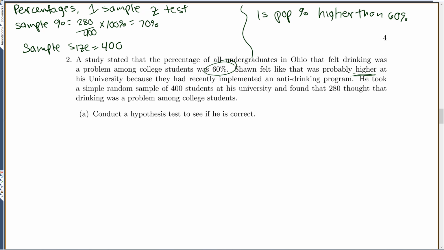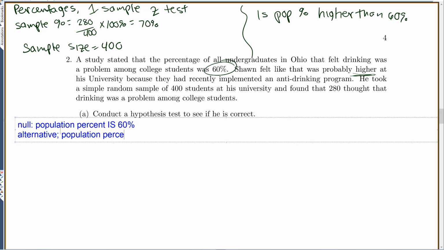The next step then would be our null and alternative. So the null would be that the population percent is 60%. The alternative is that the population percent is higher than 60%. Again, your null has to be an equals, and then your alternative will be less than or greater than, one of those two.